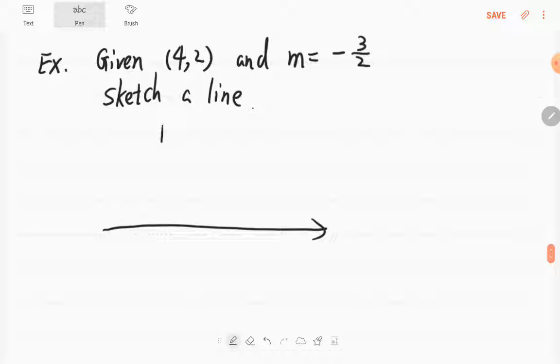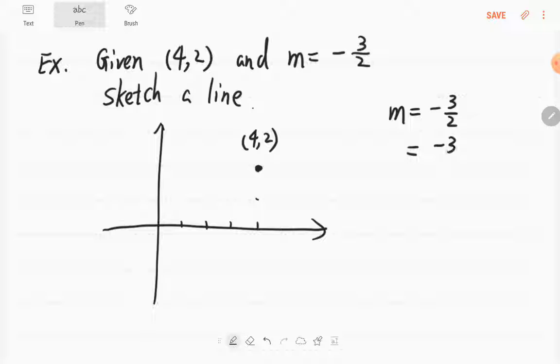Let's look at 4, 2: 1, 2, 3, 4 and 1, 2. This is 4, 2. The slope is negative 3 over 2, so the rise is equal to negative 3 and the run is equal to 2.